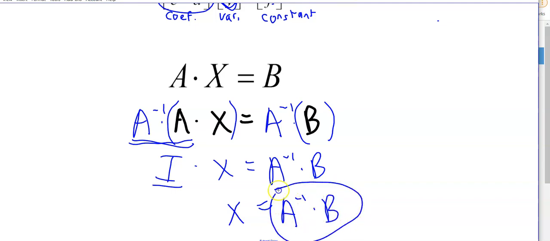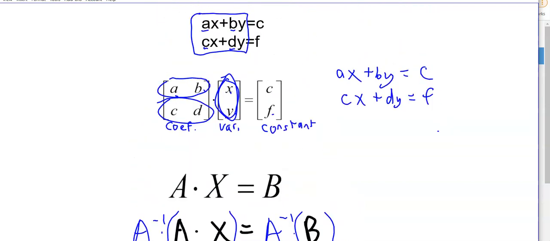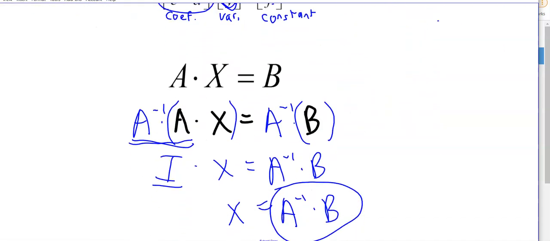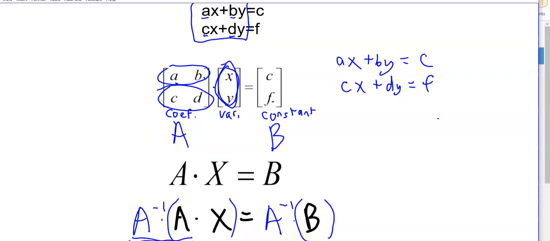So we get this really fancy method, which if you look at the title, 11.6b, it's called the inverse of A times B method. So the inverse of A times B. Remember, A is our coefficient matrix, so the inverse of the coefficient matrix times B, which is our constant matrix. So all we do to solve a problem is we get our calculator out. Let's look at the problem.